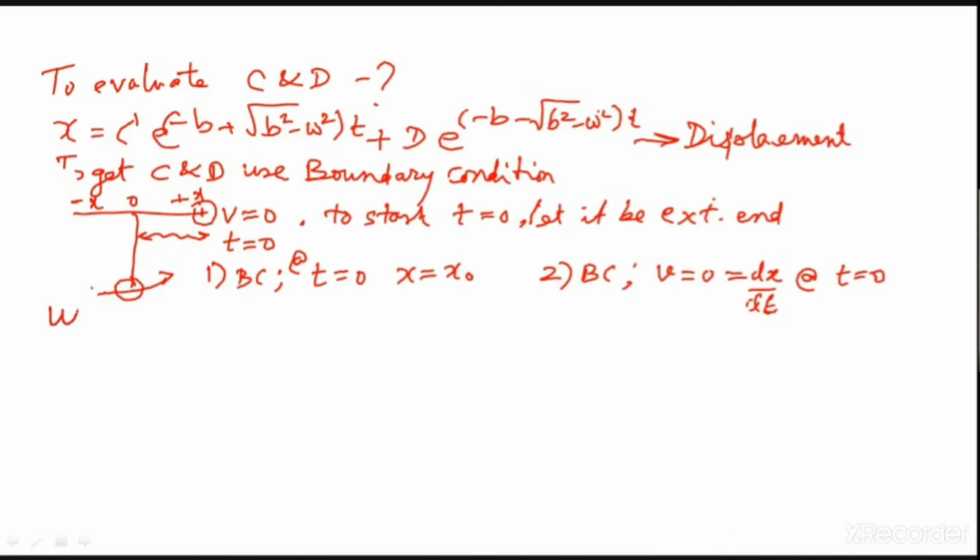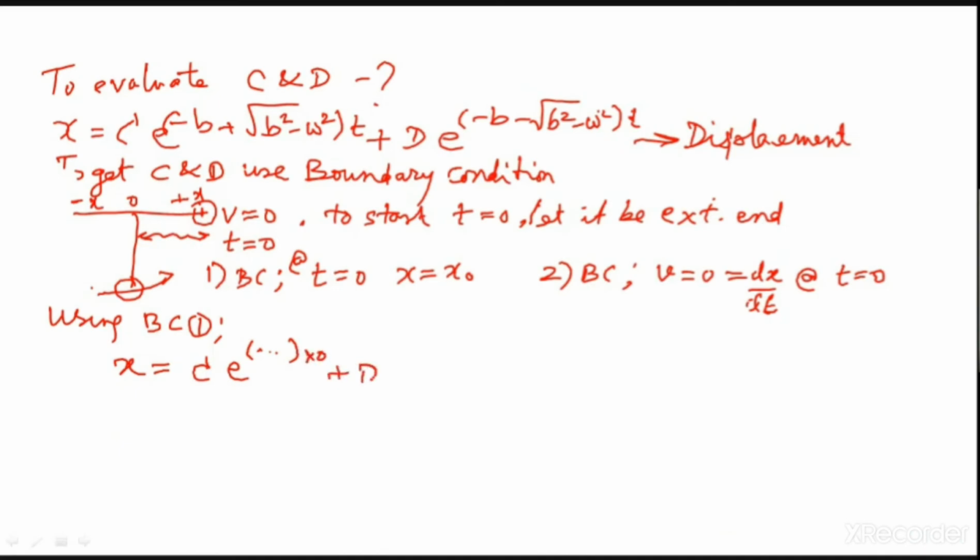Using boundary condition 1, I can write X is equal to C e to the power of, see the bracket, at the end of the bracket you get T. What is this T? It is 0.